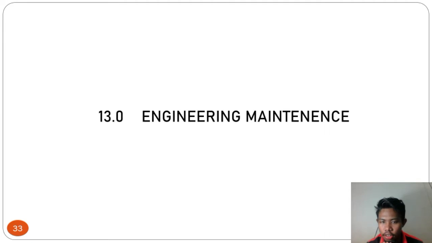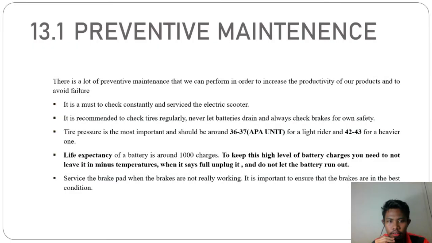Okay, next is engineering maintenance. Now is preventive maintenance, 13.1. There is a lot of preventive maintenance that we can perform in order to increase the productivity of our product and to avoid failure. First, you must check constantly and service the electric scooter.